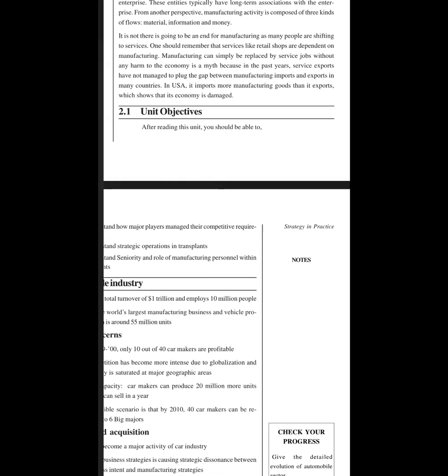Why is it so? Because in India, you can see this kind of product cannot be produced, because the Chinese market has dominated the Indian market. That's why Indian people are not in a position to produce such goods, because the prices of the Chinese products are very low.